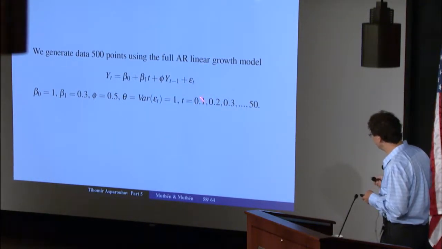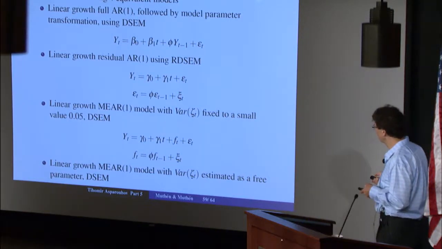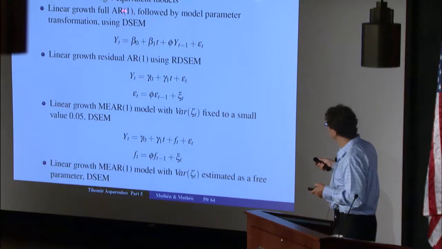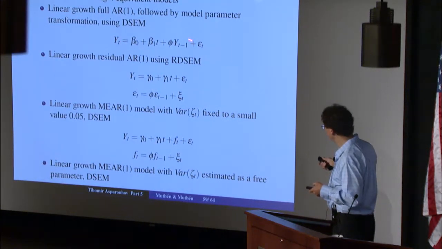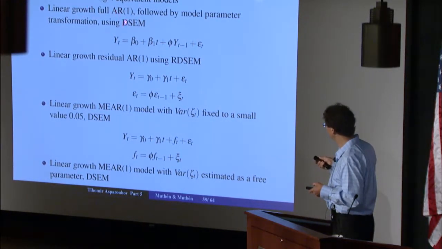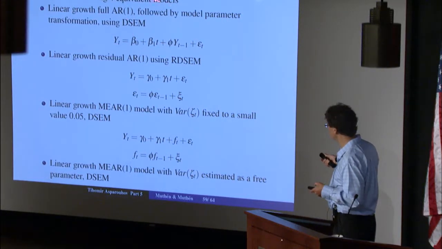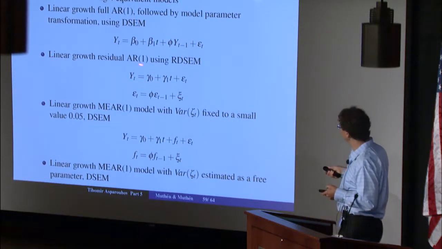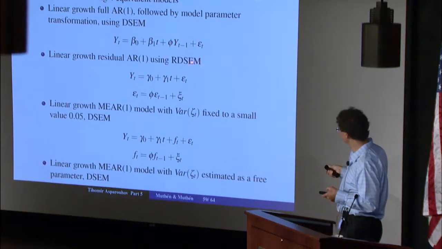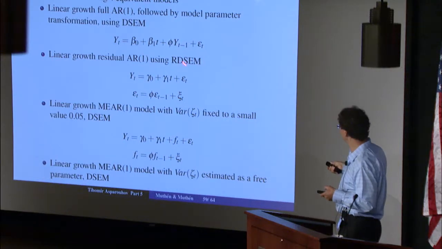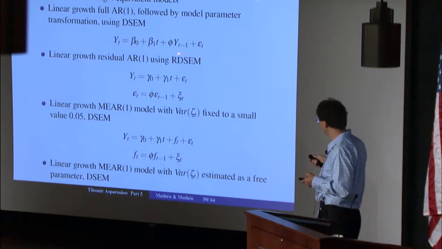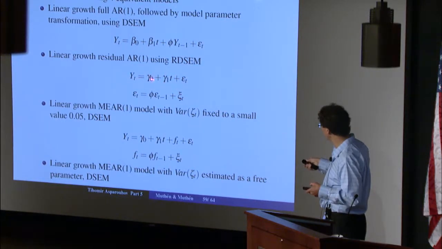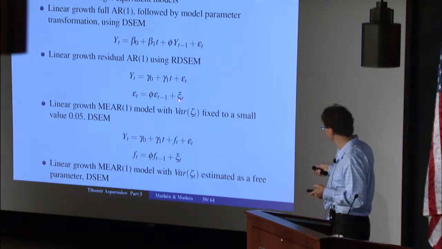So we generate data like that, and we're going to estimate the model in 4 different ways. The first is the same way that we generate the data, using the full AR1 model that estimates one equation where the trend is inside the autoregressive equation. Then we're going to use the RDSEM in the Mplus developmental version, where the linear trend is outside of the autoregressive equation.